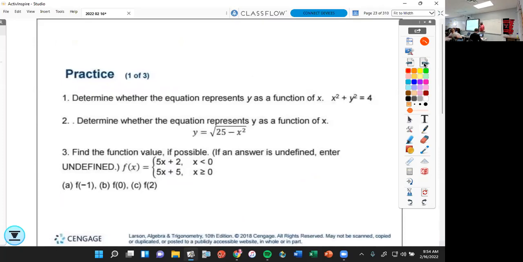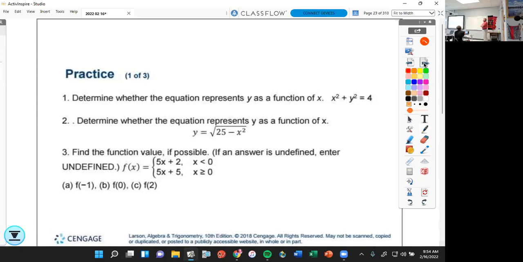Practice problems. Let's look through these and see if anything jumps out. Number 1, is that a function? It should look familiar from last test. That equation should look familiar. It should remind you of something.